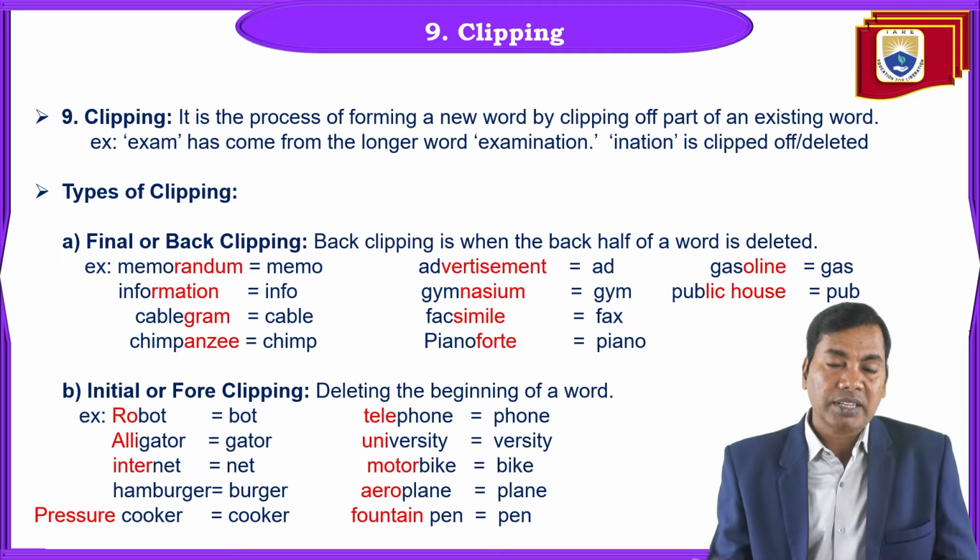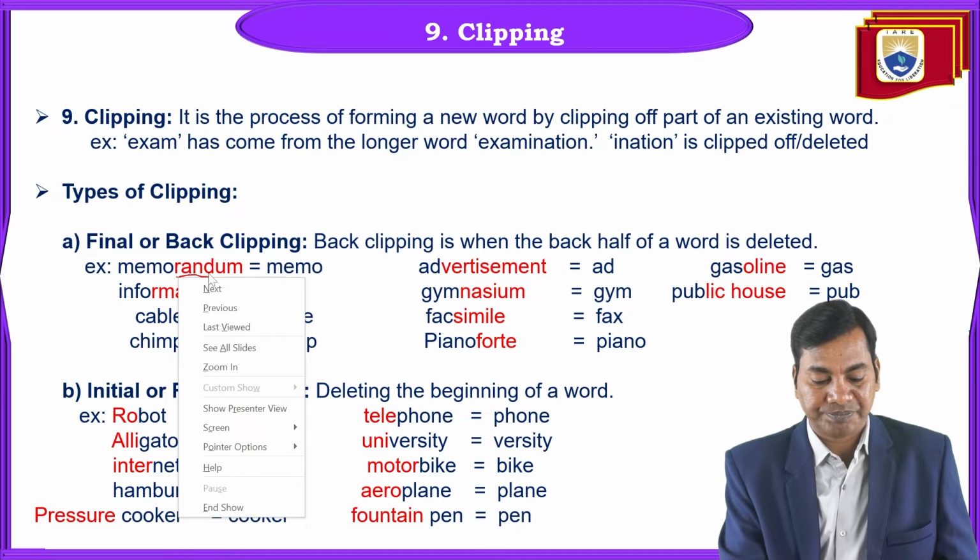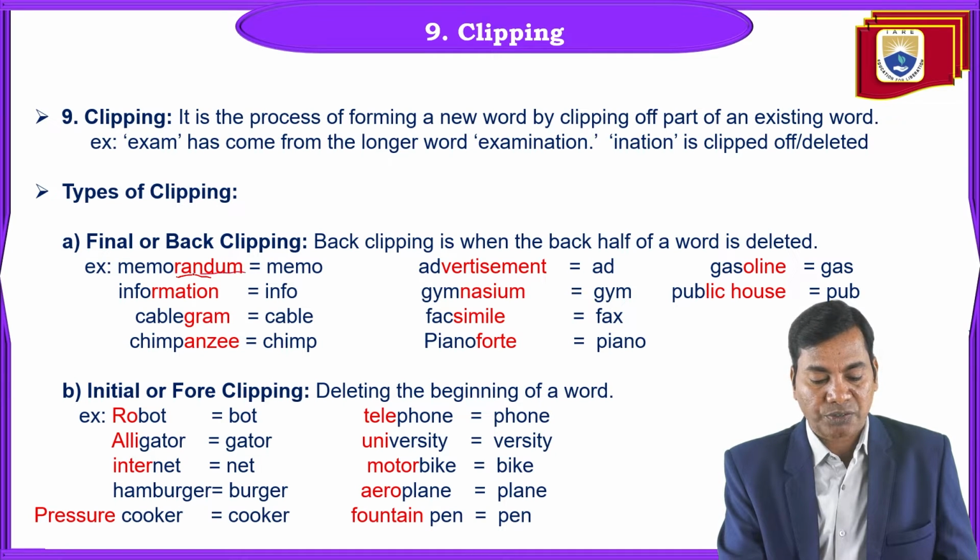For example, if you take the word memorandum, I'm cutting off the last part of that word. What is that last part? Random, R-A-N-D-U-M. If you cut off this, you will see memo that remains. So we have got the word memo from the word memorandum.